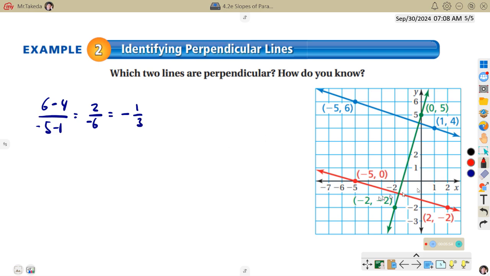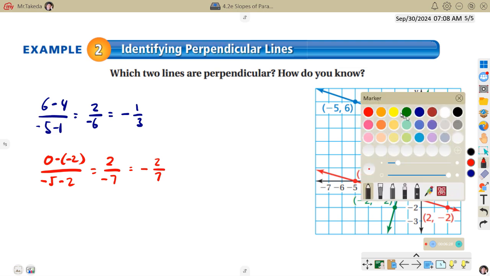For the red line, 0 minus negative 2 over negative 5 minus 2. 0 minus negative 2 would be positive 2, and negative 5 minus 2 would be negative 7. So this would be negative 2/7.